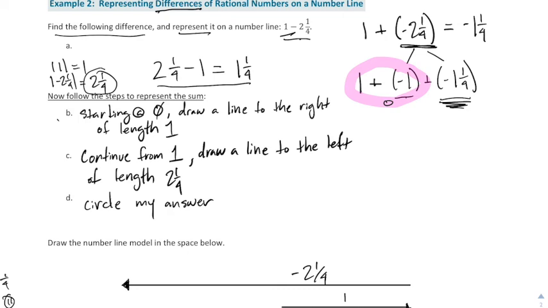Okay. So I've started with 1, and I have added or subtracted 2 1/4. If we go back to our thinking about the number line, I've turned to the right, I've walked forward, and then subtracting.